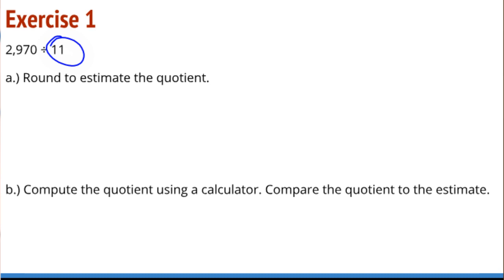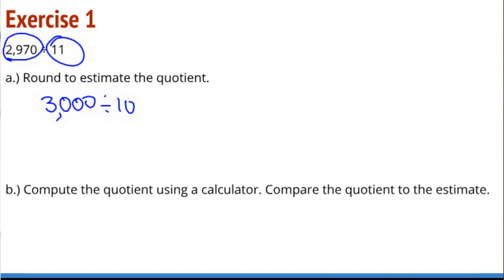And 11 is pretty close to 10, so I'm going to have a divisor of 10. And now I'm looking for a number that is pretty easy to divide by 10. Looking at the dividend here, this is pretty close to 3,000.